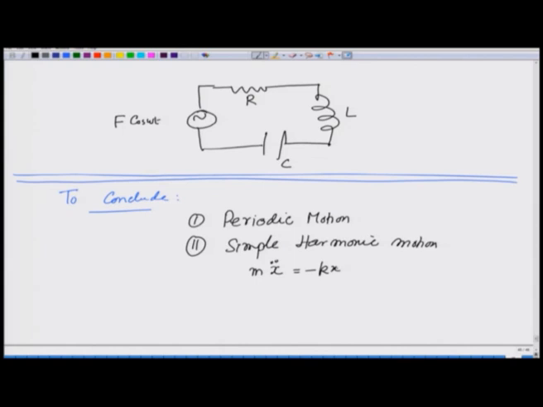That means there was a restoring force proportional to the displacement, and this gave solutions of the kind A cosine omega t plus B sin omega t, where omega equals the square root of k by m.